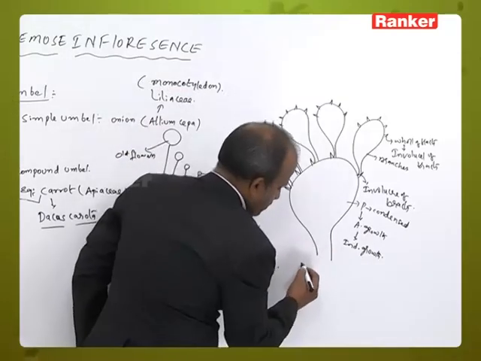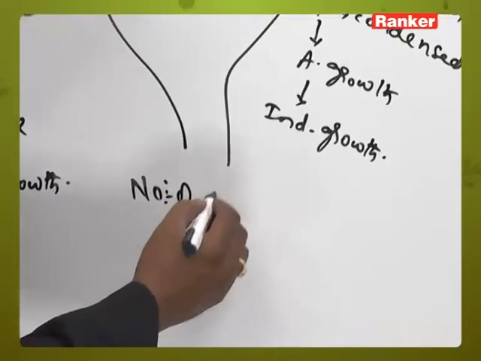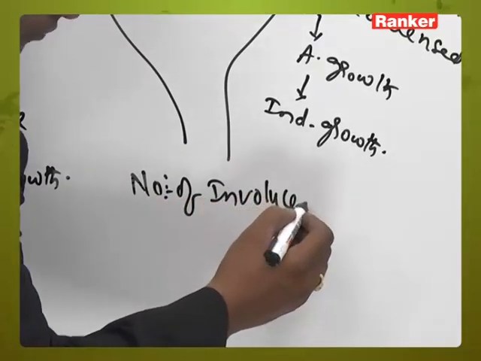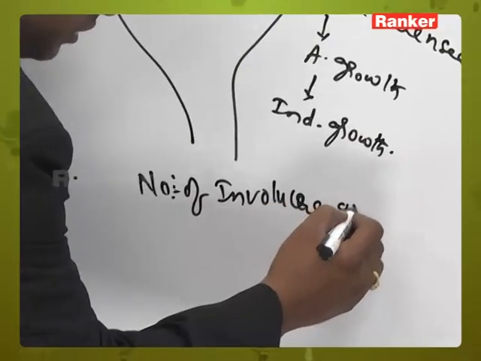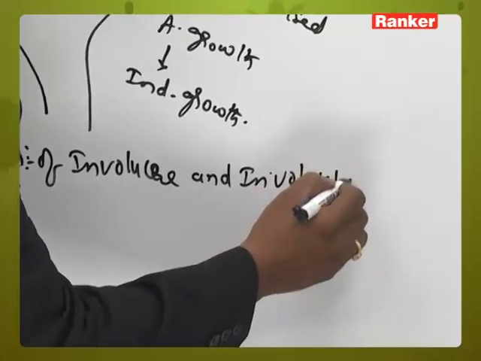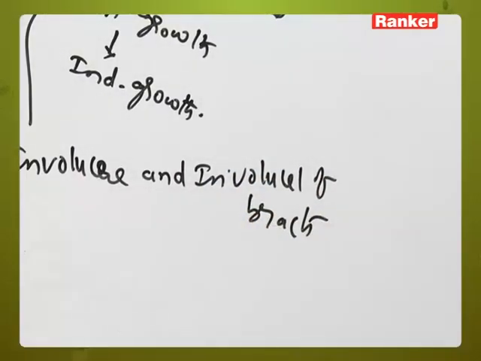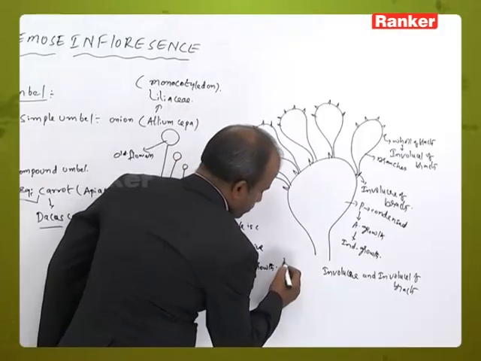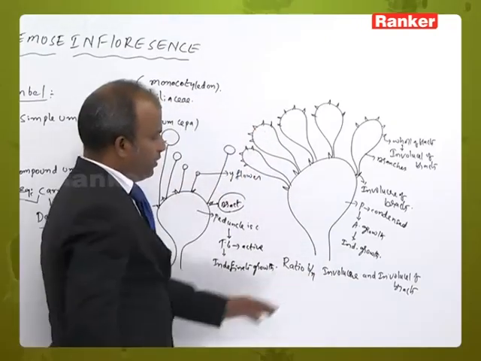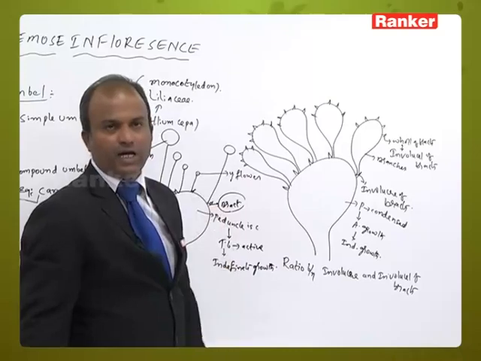Now tell me, what is the ratio between the number of involucres and involucels according to this diagram?